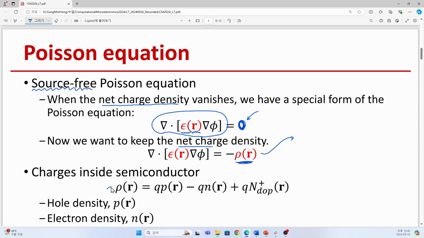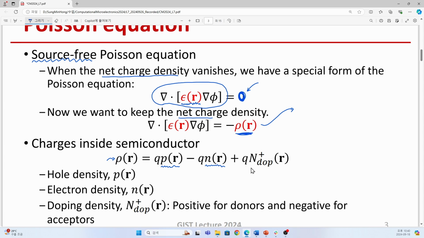This net charge density can be decomposed into three components: one originating from hole density, one from electron density, and finally the last one coming from the doping density.